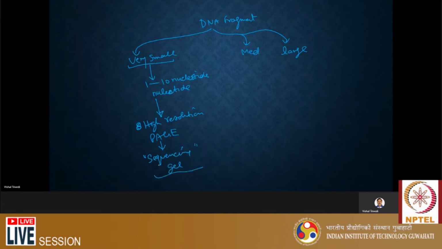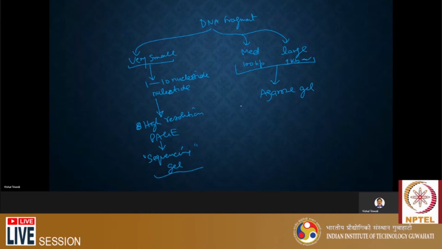But if it is a DNA of 100 base pair, or 1 kb onwards, then you can very easily use the agarose gel for separations, and you will get a nice separation of 100 base pair to any other sequence.